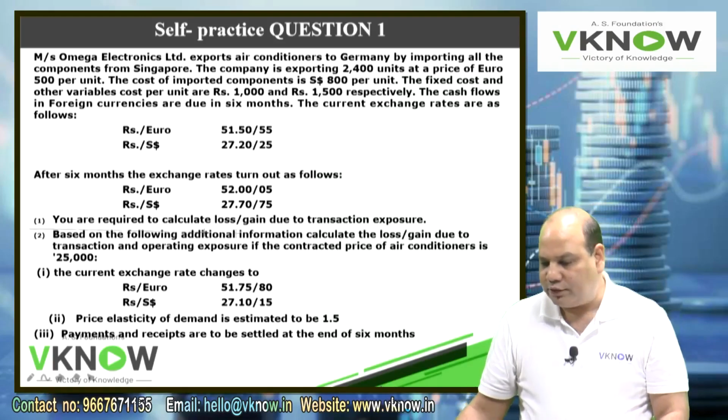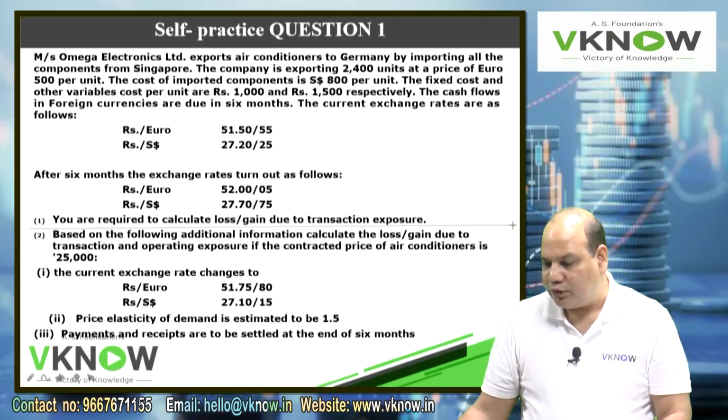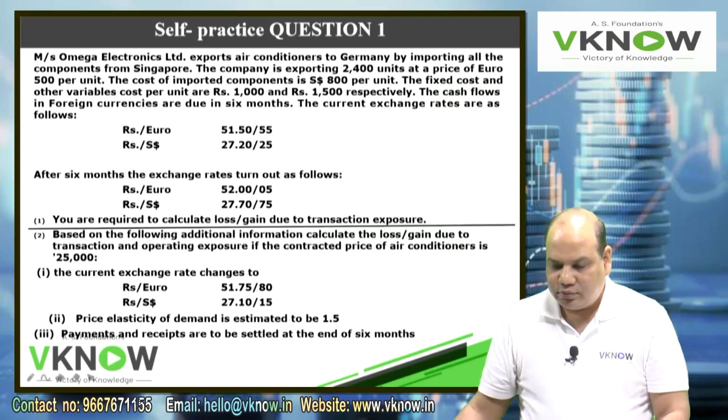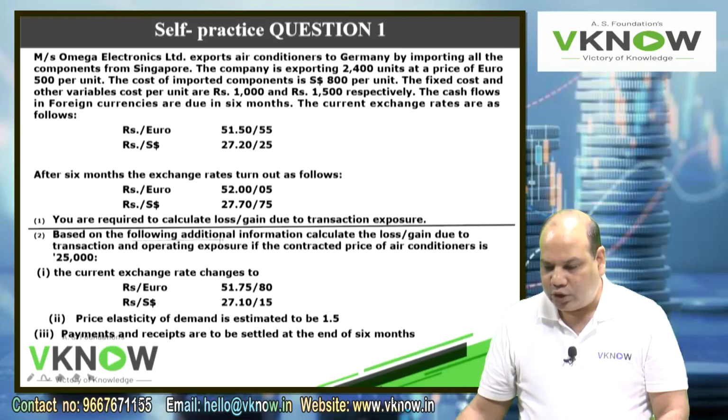Now forget the first question. Let us focus on the second, which I think you may have found difficult if you have tried earlier. Based on the following additional information, calculate the gain or loss due to transaction and operating exposure.